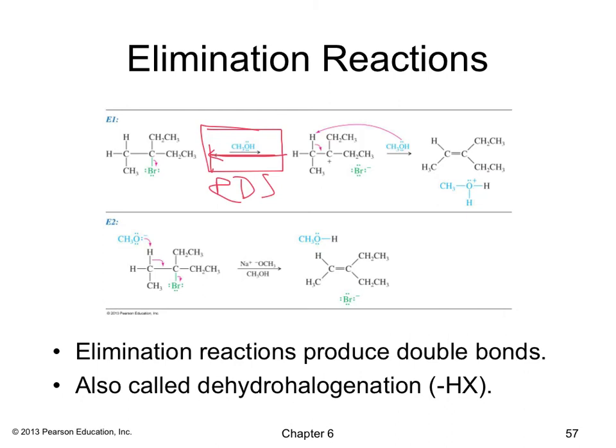In the case of E2, this is all concerted, just like SN2 was concerted, in which your alkoxide will pluck off that hydrogen, form the double bond, and at the same time kick out the bromine, and then you'll generate your alkene. So elimination in general forms double bonds, and it's also called dehydrohalogenation.